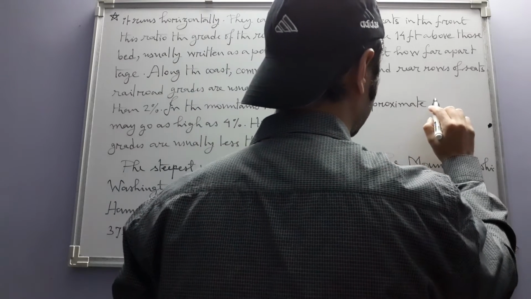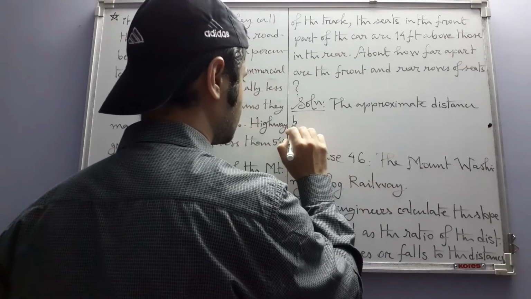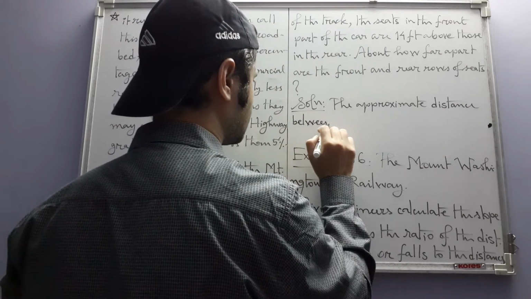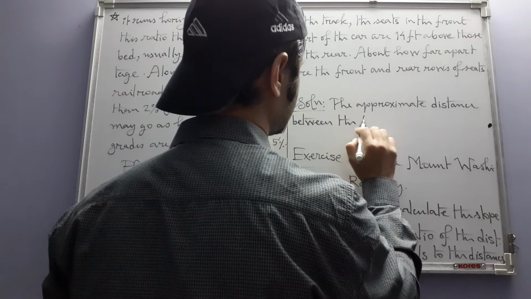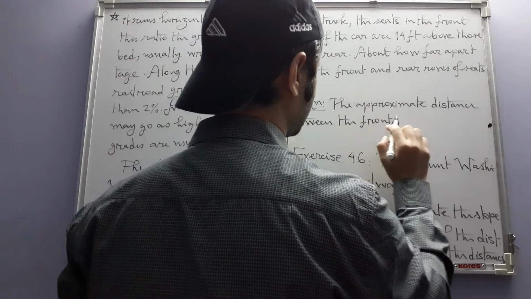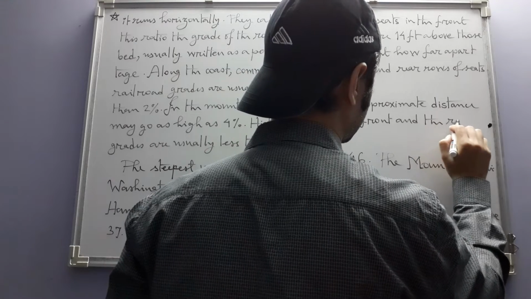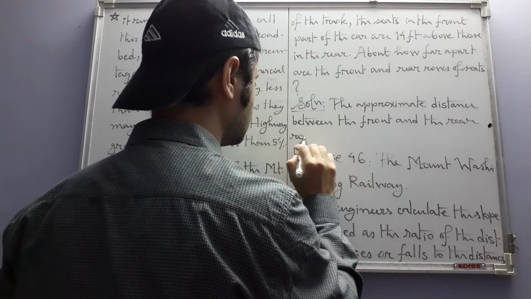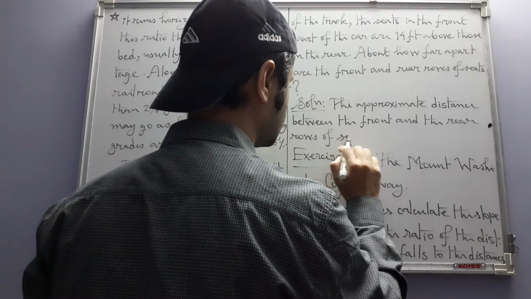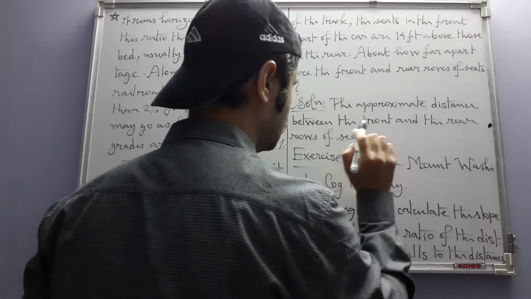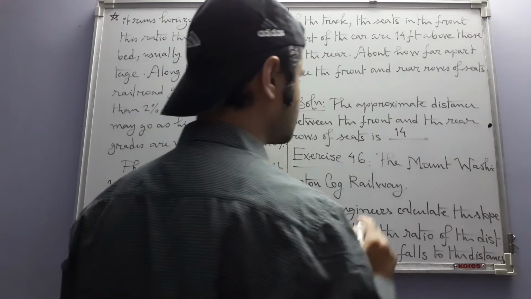So the approximate distance between the front and the rear rows of seats is, you have to divide this 14 by the slope.